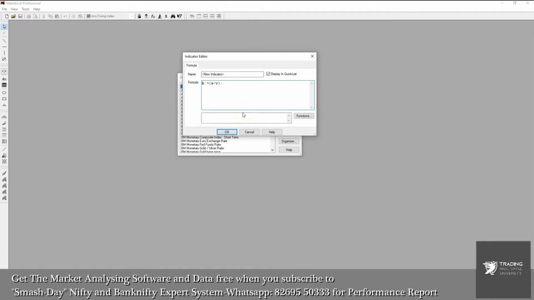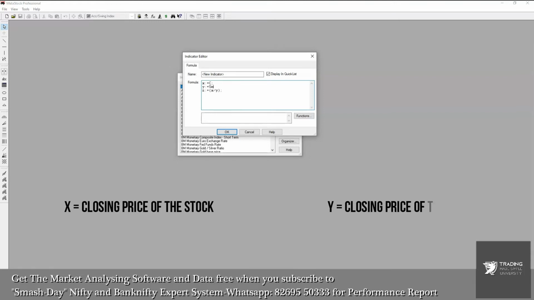Let us suppose X is the closing price of the stock that we are analyzing. So X is that closing price. And Y is the closing price of Nifty or any other index.